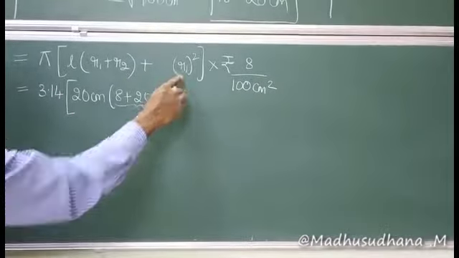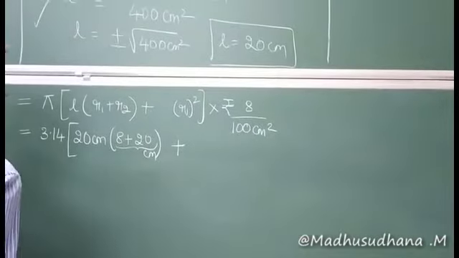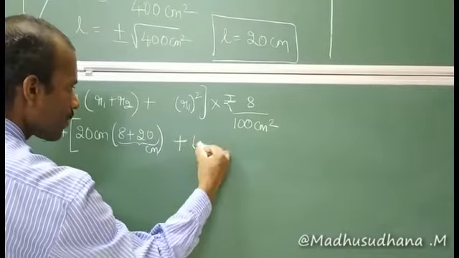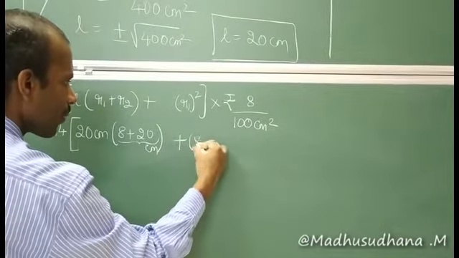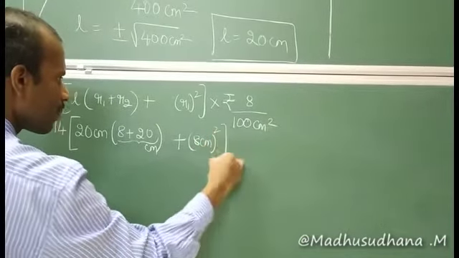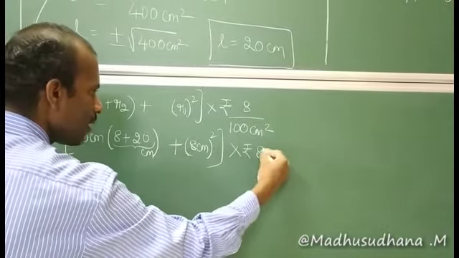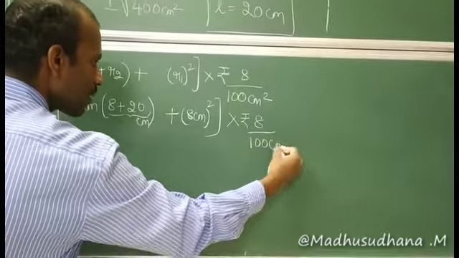What is R1 here? R1 we have taken as 8 centimeters. So 8 square, 8 centimeters square, multiplied with rupees 8 by 100 centimeters square.